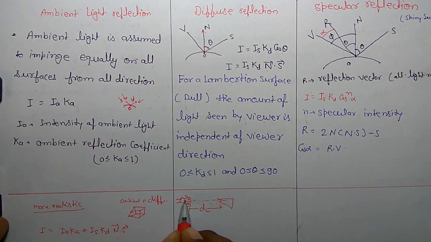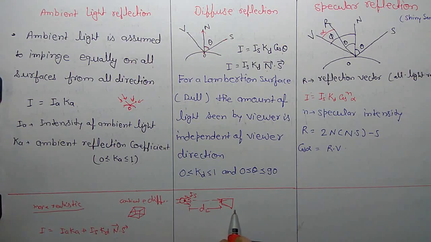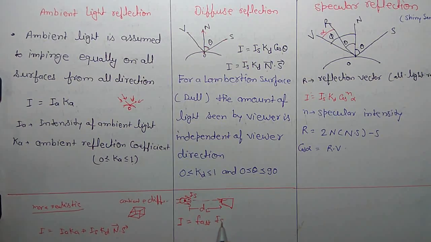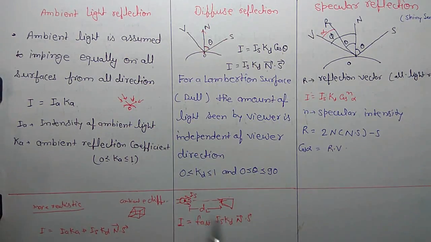Okay, so the intensity of the light source, which I have taken as I_s, may be attenuated when it reaches the object. So the intensity would be multiplied by some attenuation factor, and I_s k_d n dot s. This is the intensity for diffuse reflection.